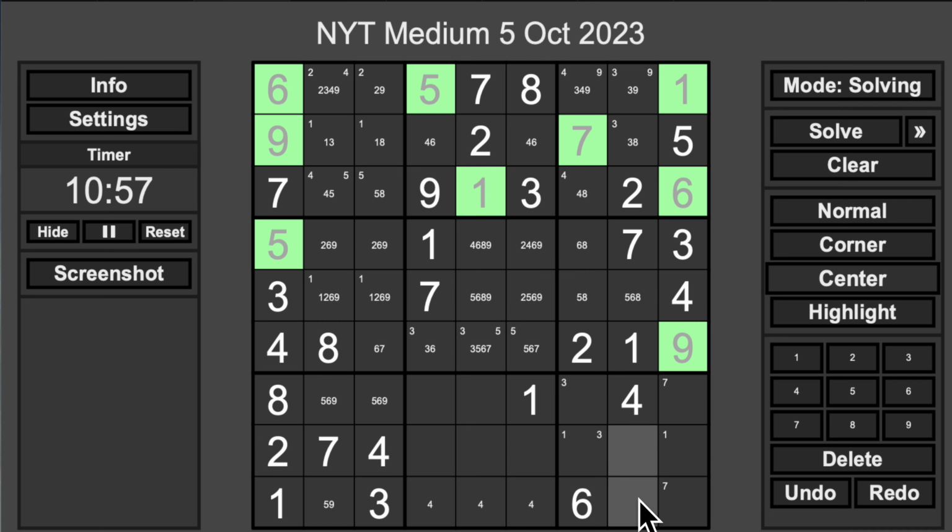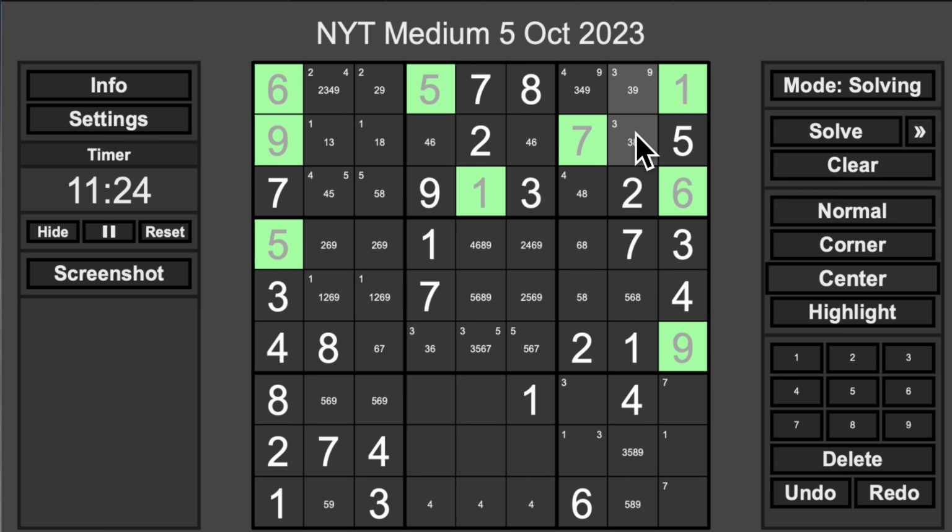This column cannot be 1, 2, 4, 7. 3, 5, 6, 8, 9. That's not 3. Or 6, and that's not 6.